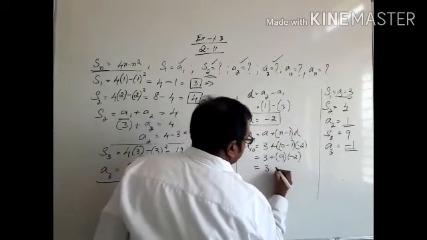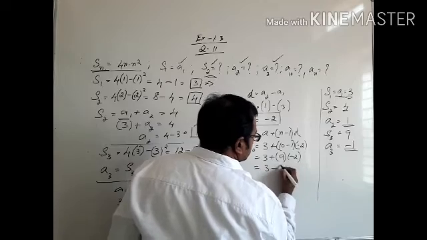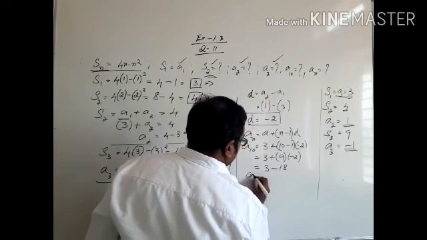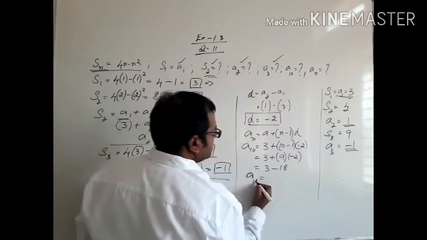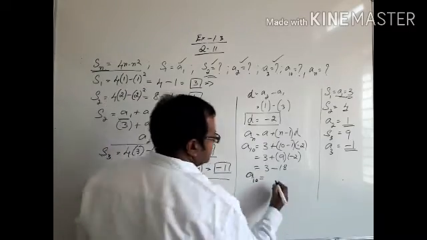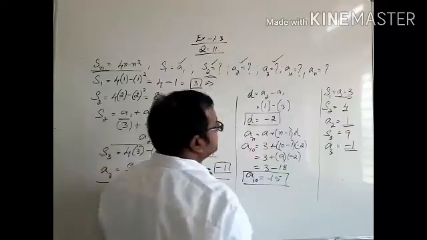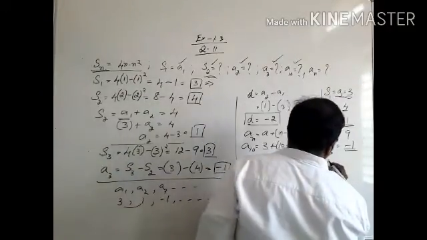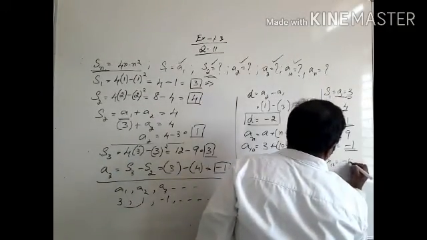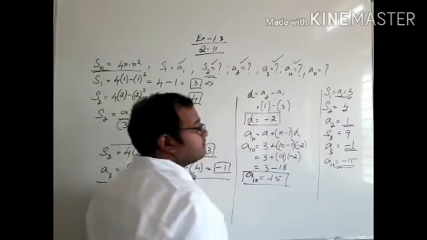Now 3 plus into minus, minus 9 2s are 18. So the 10th term is 3 minus 18, which is minus 15. So we have found out A10. A10 is equal to negative of 15.